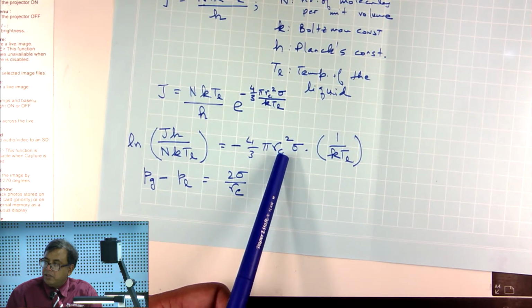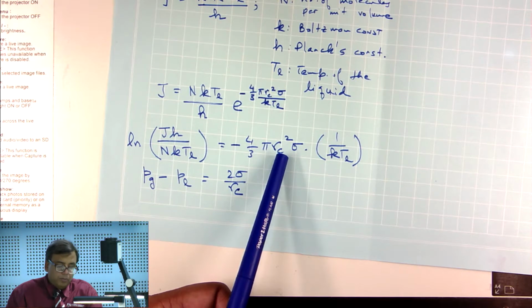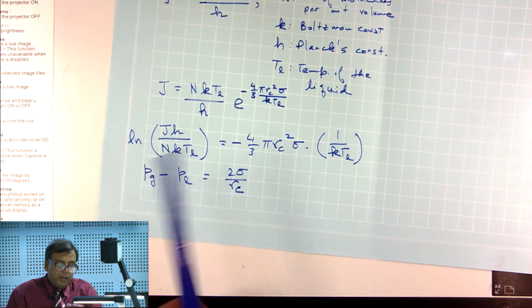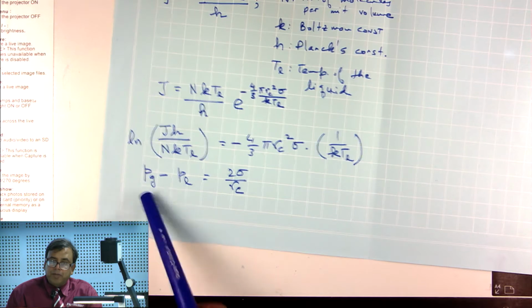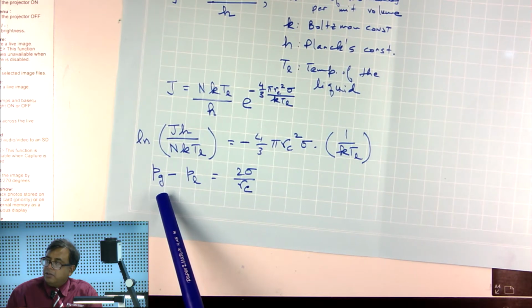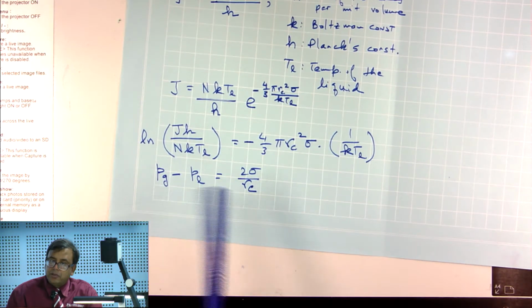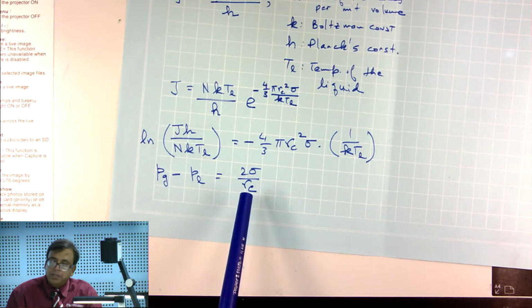You all with me on this? Okay. If I know the value of R C, I know the value of P G. Okay. And the vapor bubble needs to be at the saturation temperature corresponding to that P G. Does that make sense?